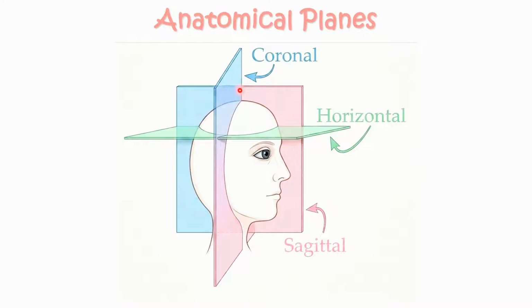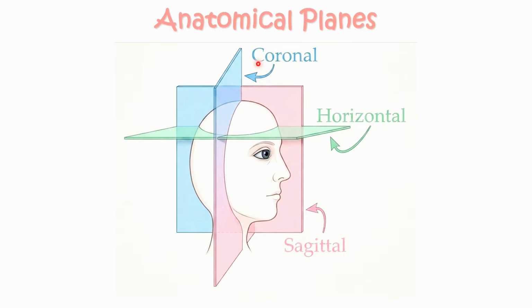And the coronal plane, the blue one, divides the body into anterior and posterior parts. We'll discuss this in more detail in upcoming slides. You just have to know what the coronal, horizontal and sagittal planes mean.